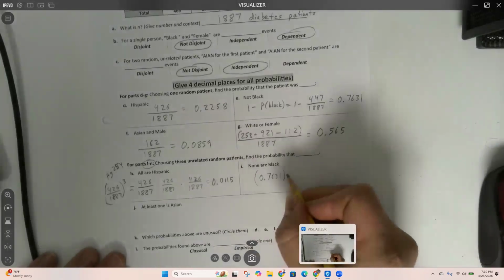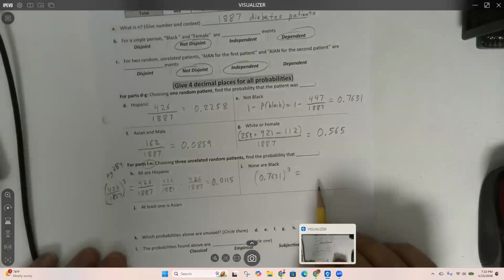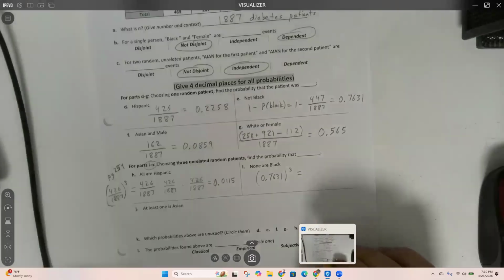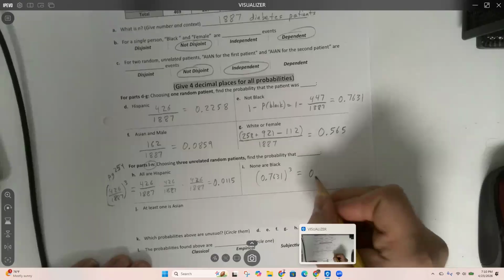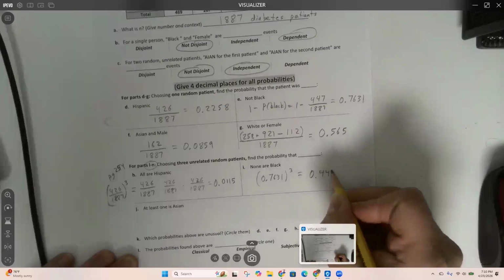And if we cube that, that will give us the probability that all 3 are not black. 0.444.